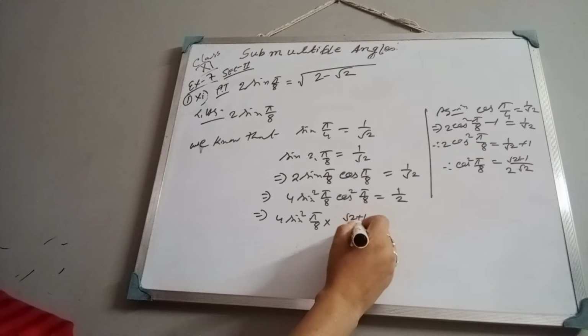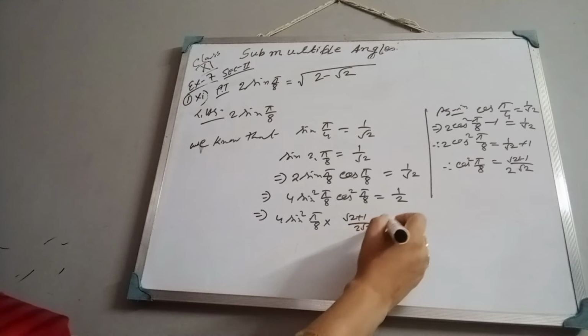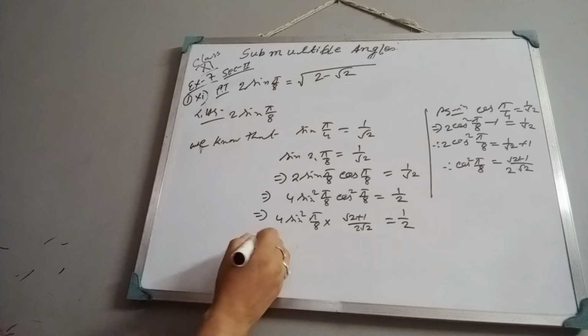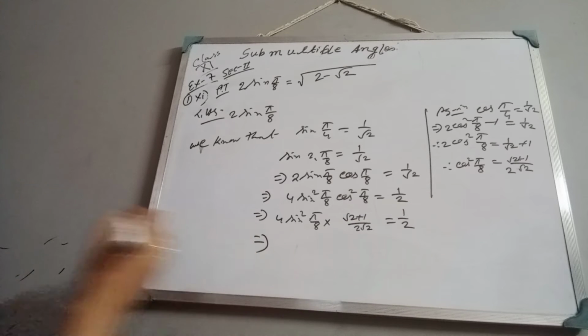So root 2 plus 1 by 2 root 2. That is 4 sine square pi by 8 into cos square pi by 8 is equal to half. Okay, now 2 2s are 4. These two we can cancel from both the sides.